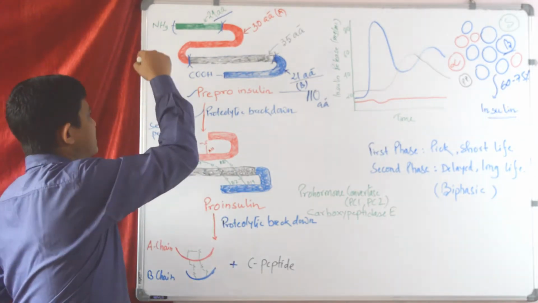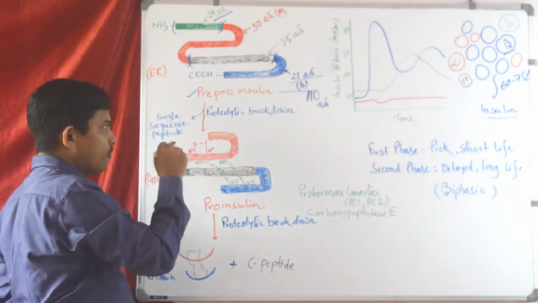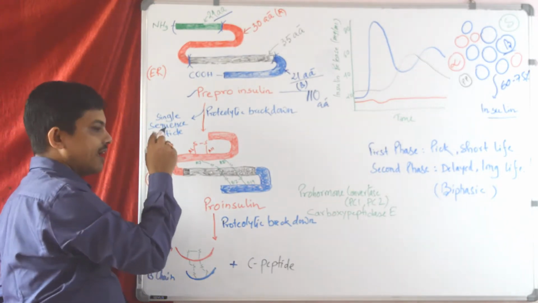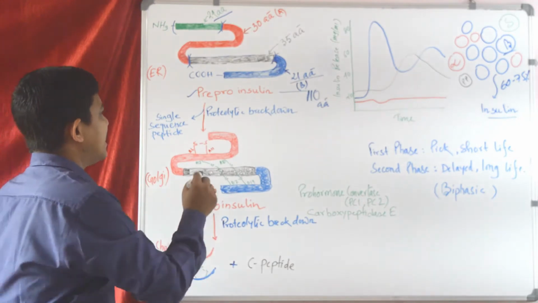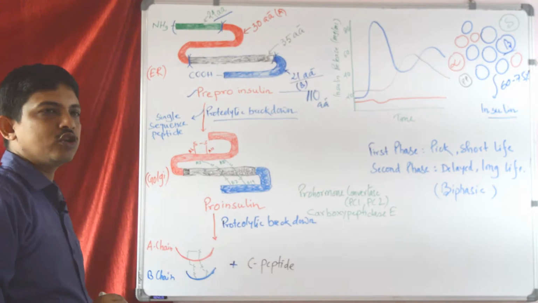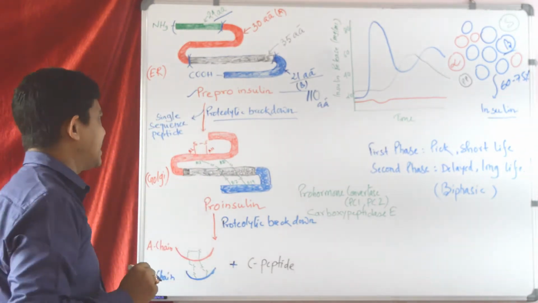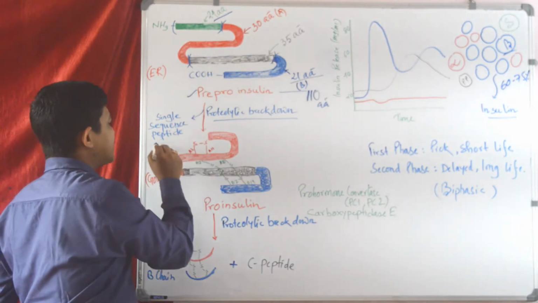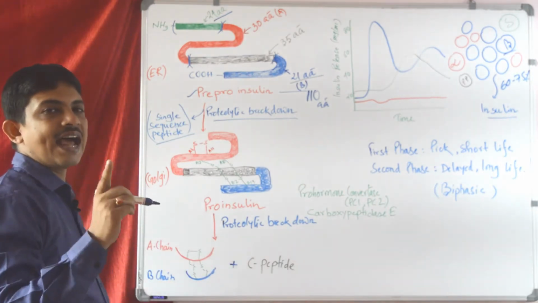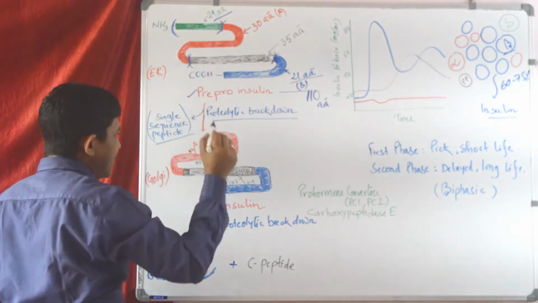Now this pre-proinsulin will be transported from the endoplasmic reticulum to the Golgi apparatus, and in that process it will undergo proteolytic breakdown. As a result of the proteolytic breakdown, the single sequence peptide, that means the N-terminal peptide, will come out.